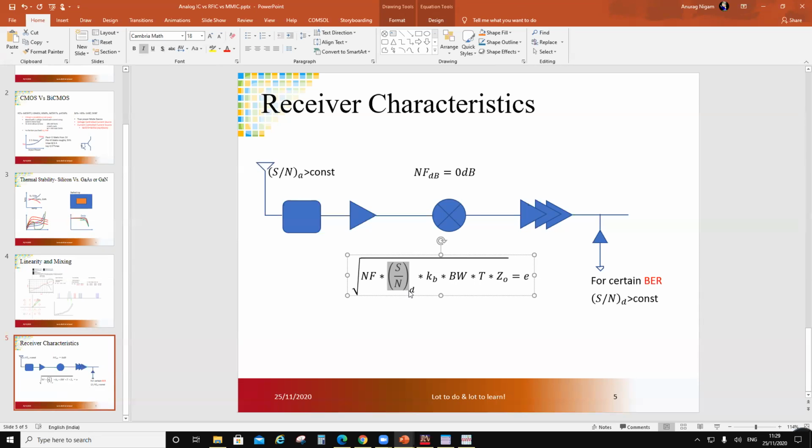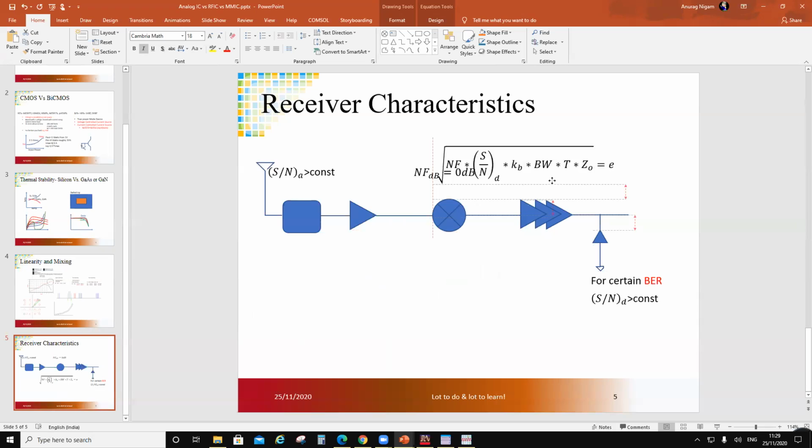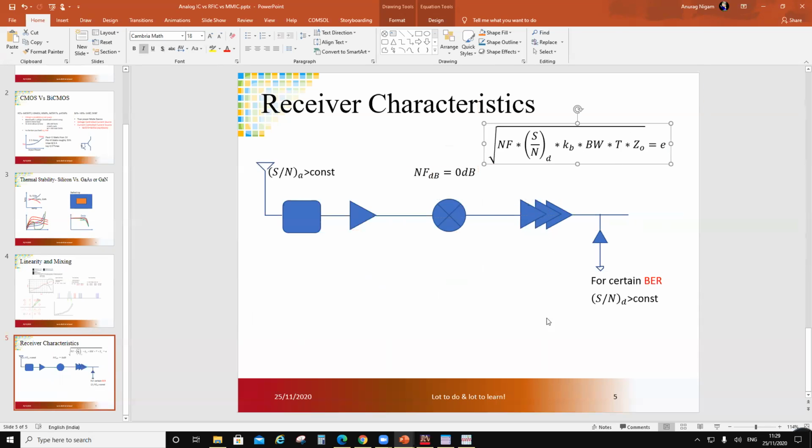So everything is basically figured out. Now you have to construct this chain for a given noise figure. It is as simple as that. You have to construct a receiver for a given bit error rate, and that means you are constructing for a certain noise factor.